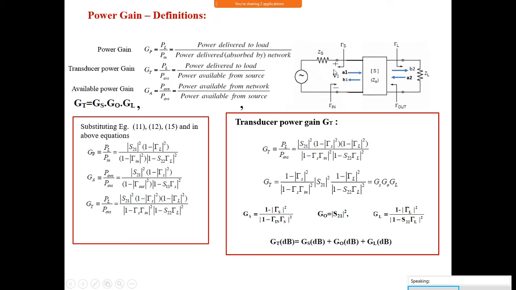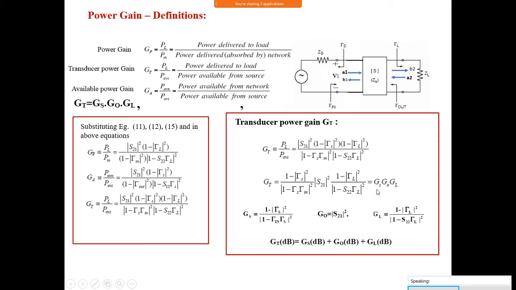But anyway, it is the impedance looking towards the source, related to tau s. So the gain GS is related to the impedance looking towards the source.